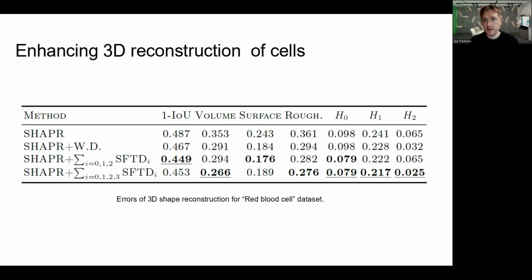You can see numerical results on this slide, and the Shopper enhanced with the SFTD regularizer is the best performing method by a set of quality metrics. You can find more details in our paper.